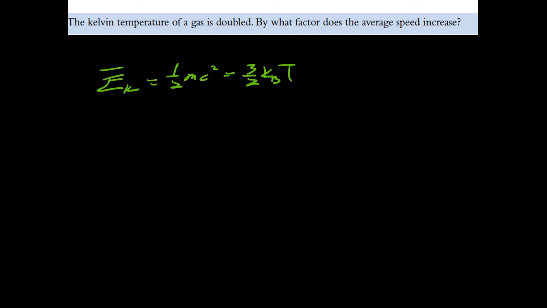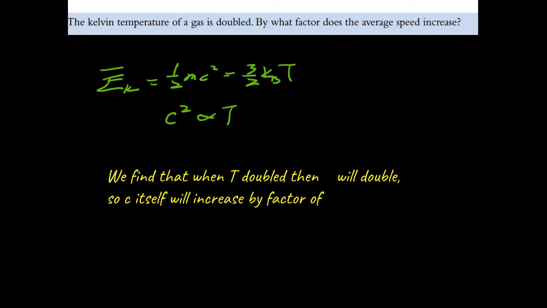From here we can see that the mass is constant and the Boltzmann constant is constant, so we have c squared proportional to T. So we find that when T doubles, then c squared will double. So c itself will increase by a factor of root 2.